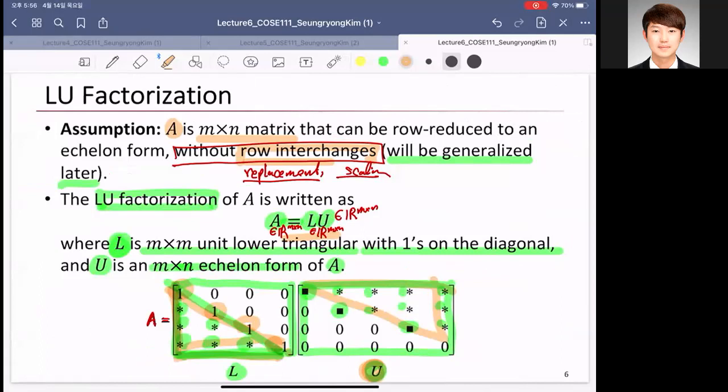So from now on, let's talk about how to find the matrices L and U. Fortunately, we already know this is the echelon form. Then we can imagine if we row reduce matrix A to the echelon form, maybe we can find out L and U. Right? This is the starting point.